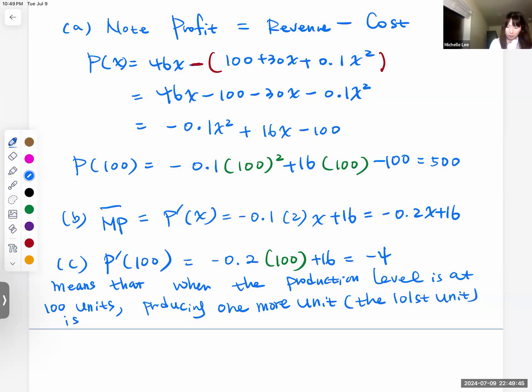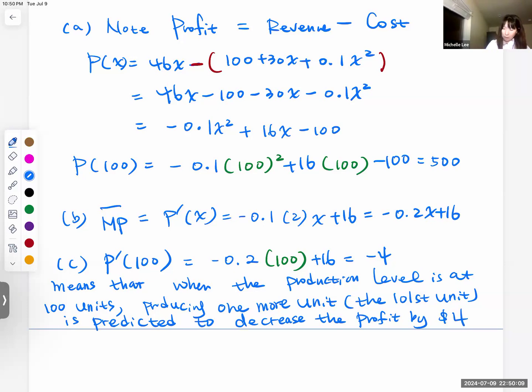It's predicted to, since we have a negative, it's a decrease, right? If we have a positive, then increase. The profit by $4.